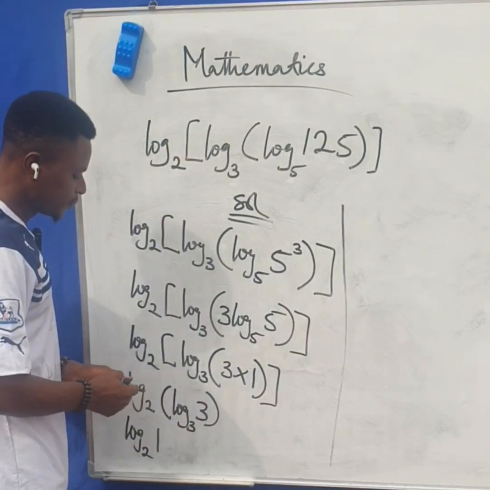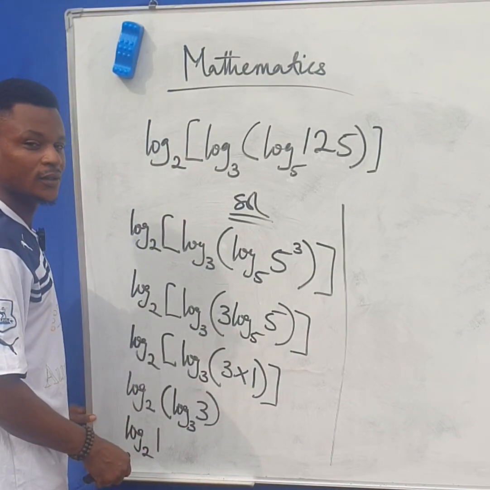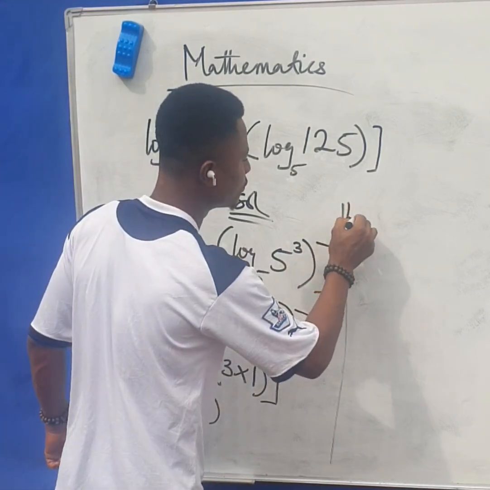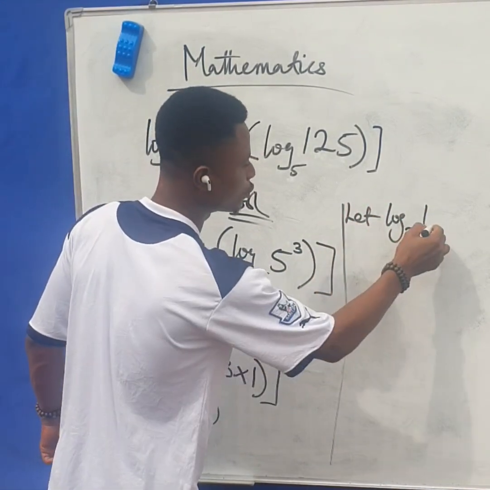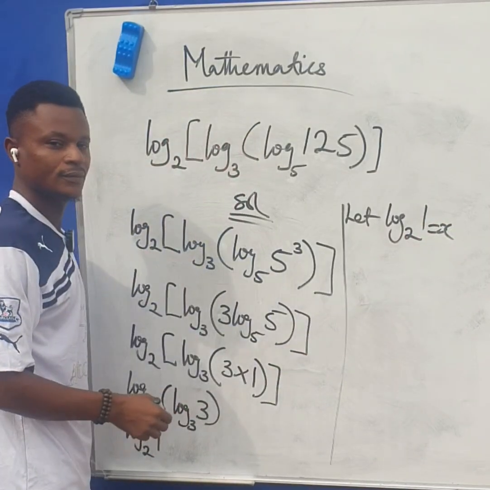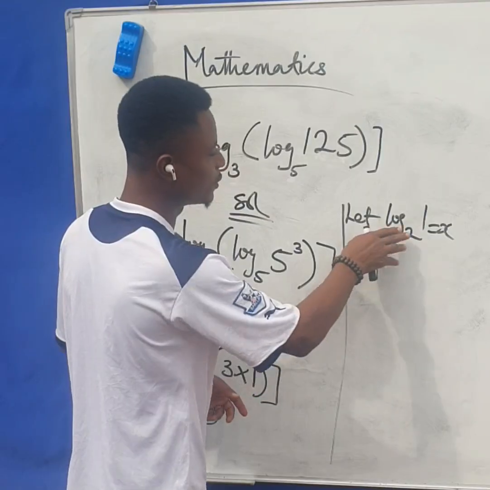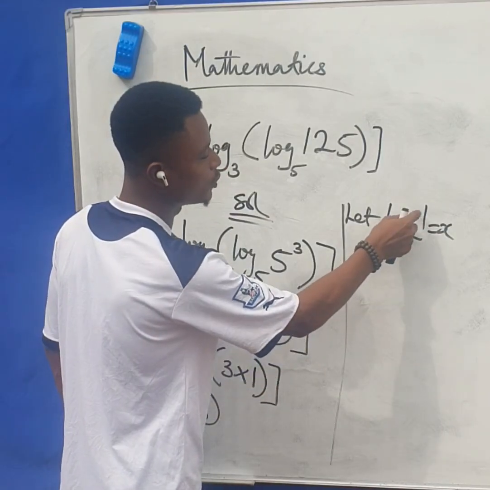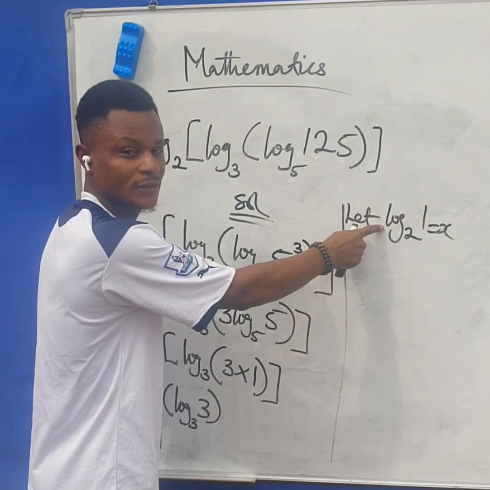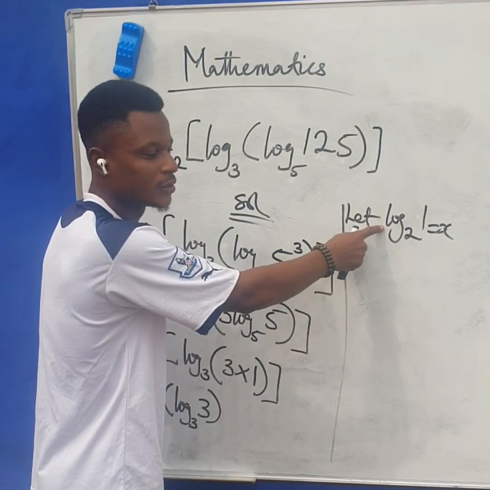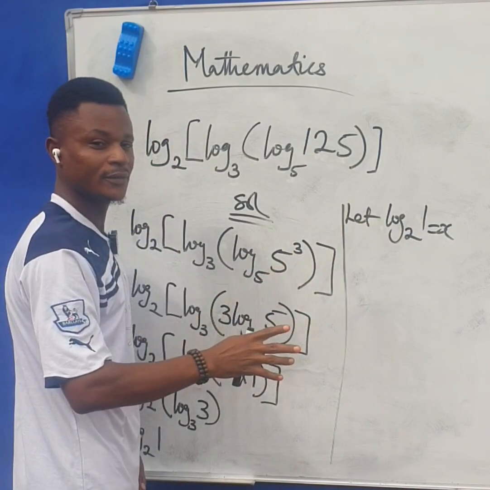So we can say, let this be equal to x. You understand? So we can say let log base 2 of 1 be equal to x. If that's the case, the next thing we are going to do is switch the position of this 1 and this x so that the logarithm will disappear.